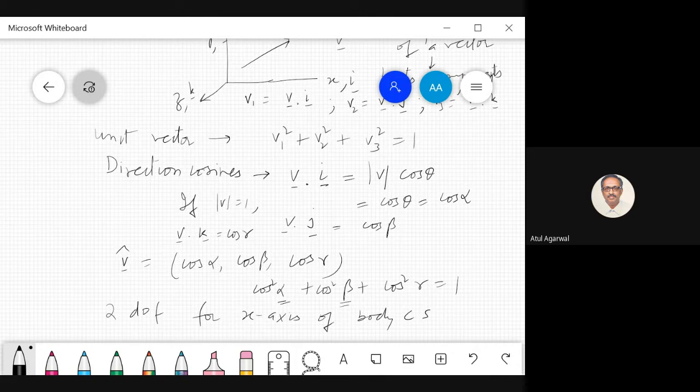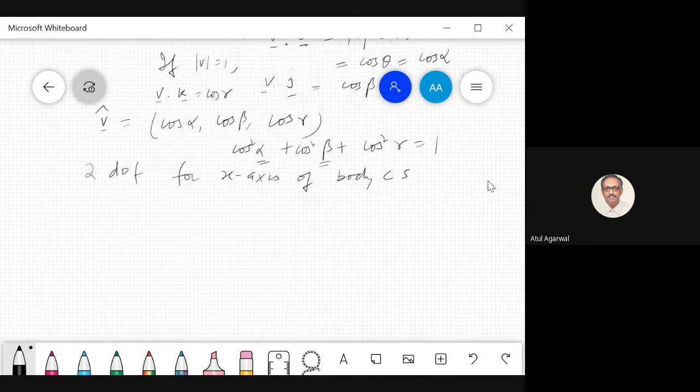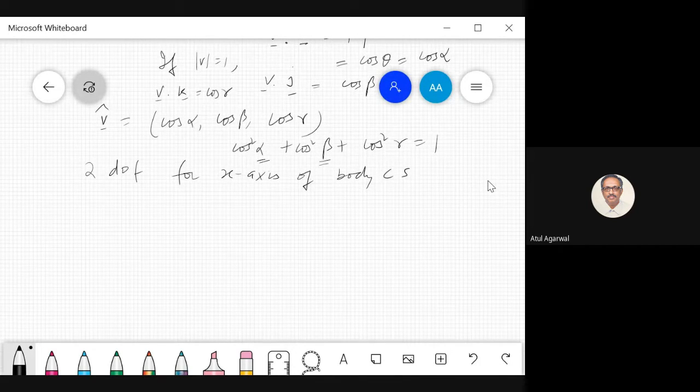You see, you have got an embedded body coordinate system with the body. You first want to define its x-axis. It is a vector direction, the unit vector I. Now you have only 2 degrees of freedom for it, if you know alpha, beta, the angles it is making with your fixed coordinate system or lab coordinate system.